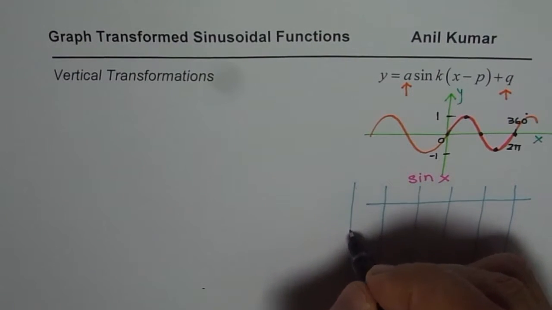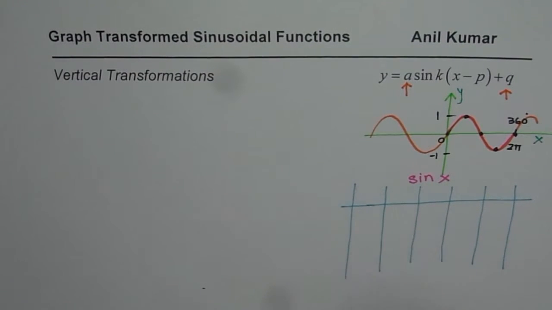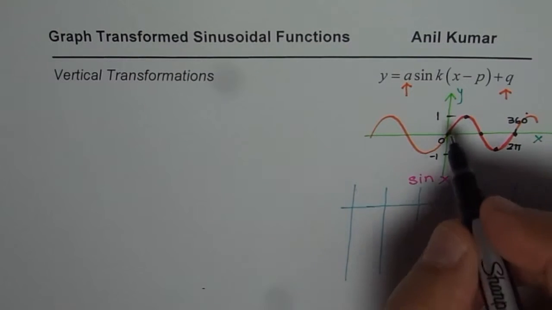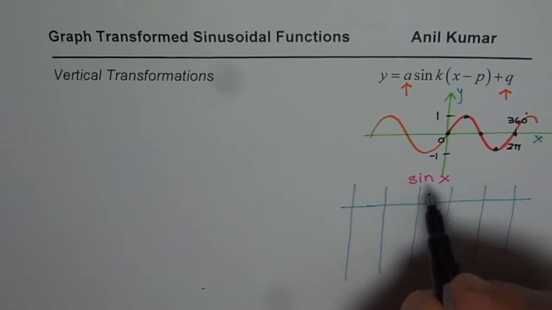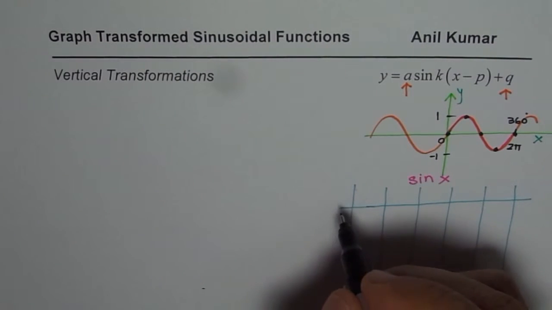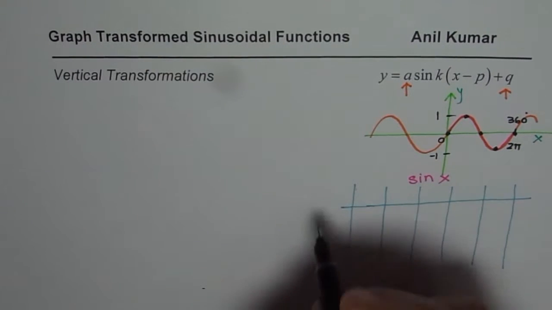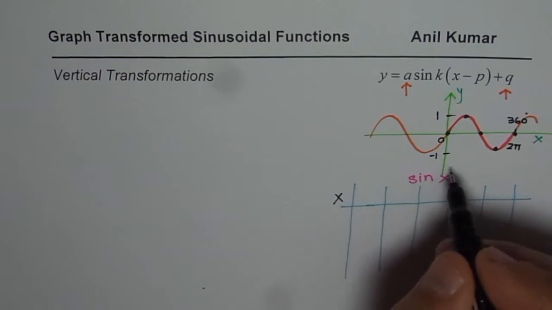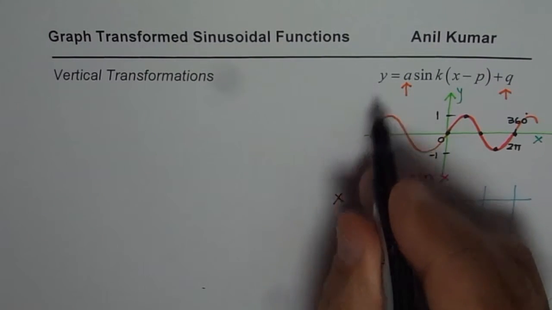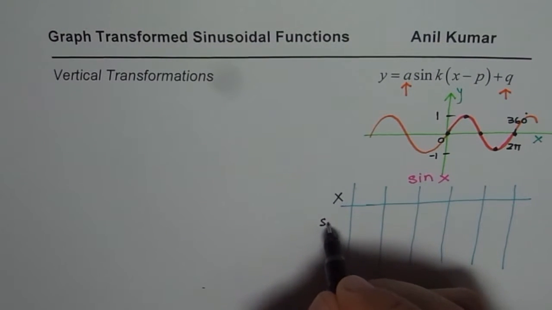Let me extend this a bit. So what I'm trying to say is that for a sine function, we'll consider these 5 points. That is to say, if I have an angle x here, then the value of the sine function, which is y, equals sine x in this case.